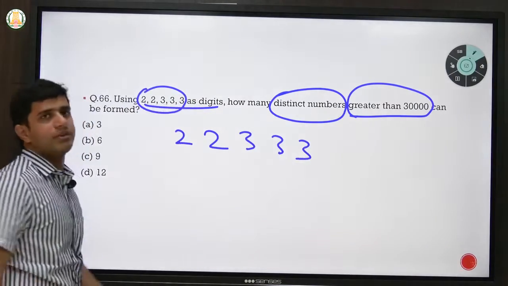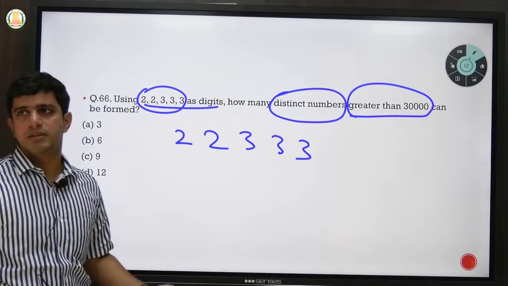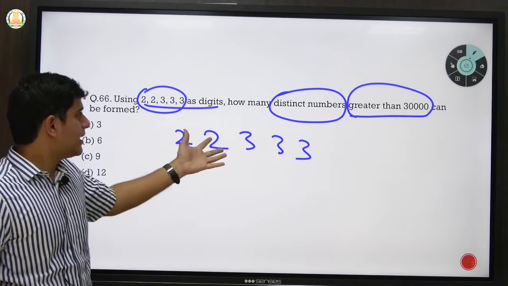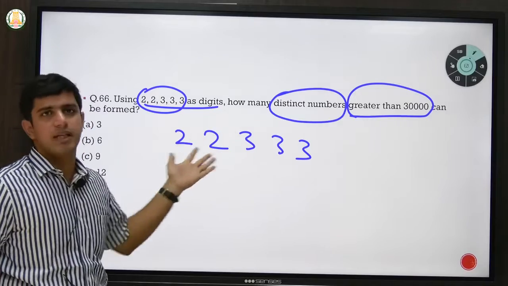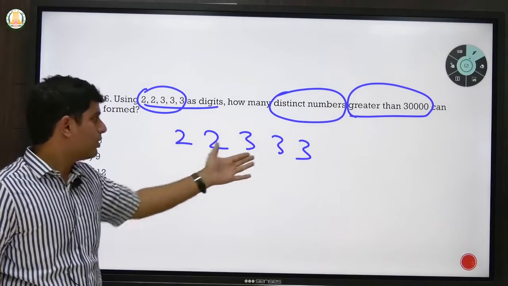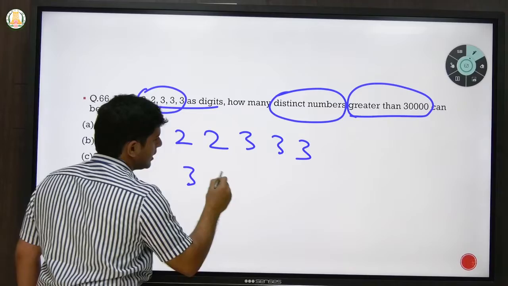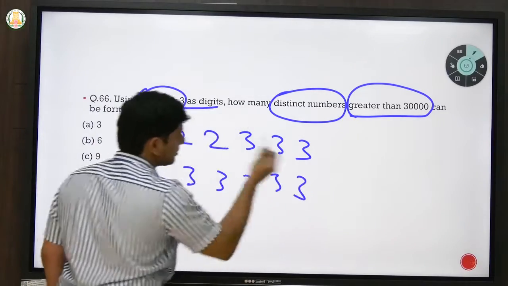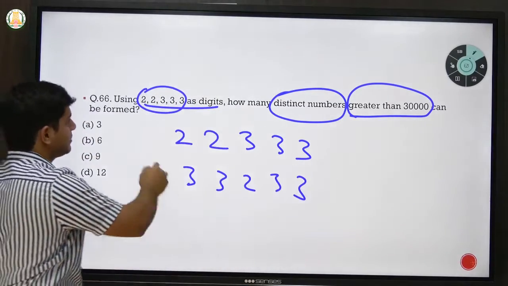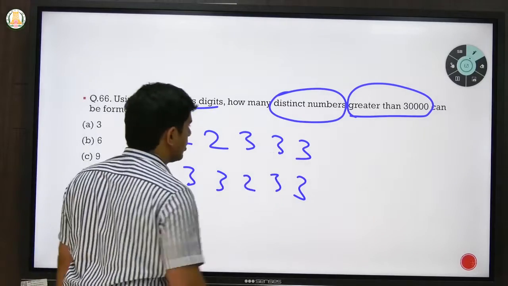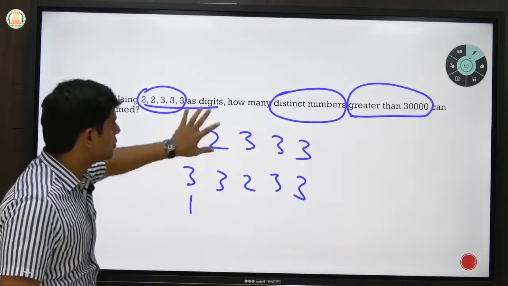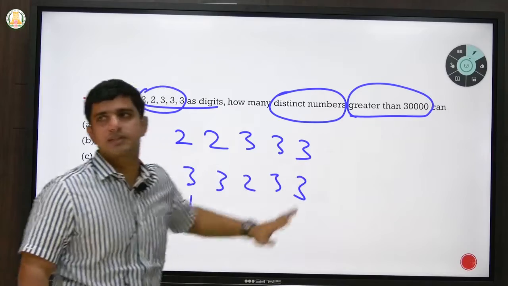Any number you form will be a 5-digit number, so it will be either in the 20,000s or 30,000s, because it will start with 2, or say 3, 3, 2, 3, 3 is another possible combination. So you put them in different combinations and see how many of those are greater than 30,000.